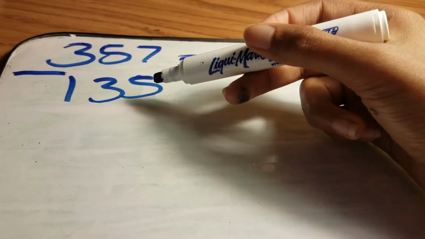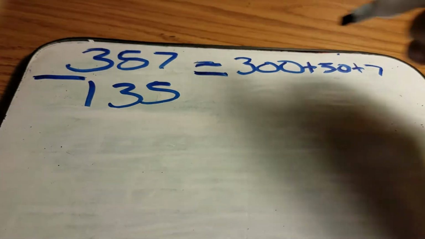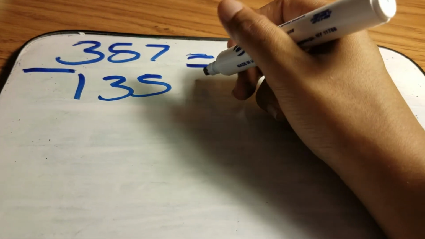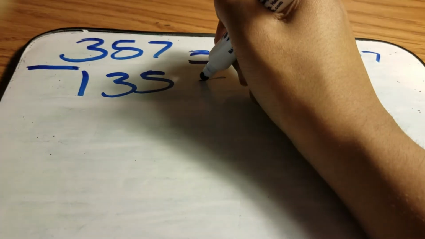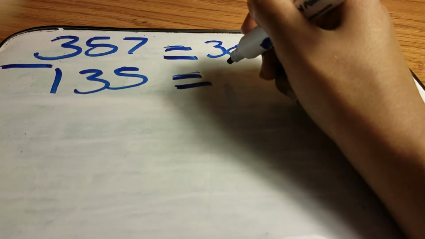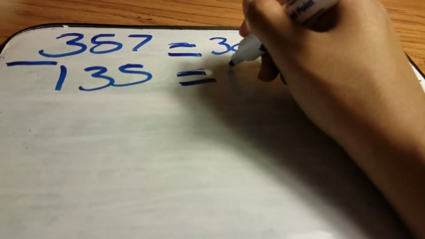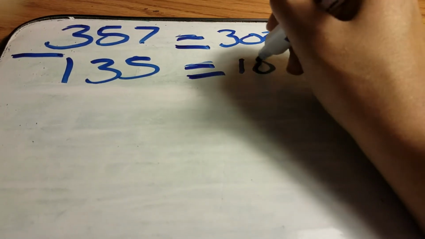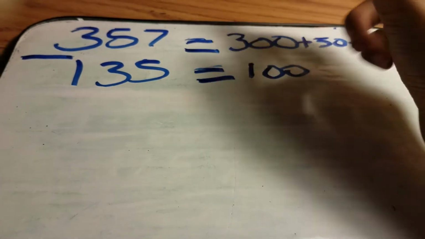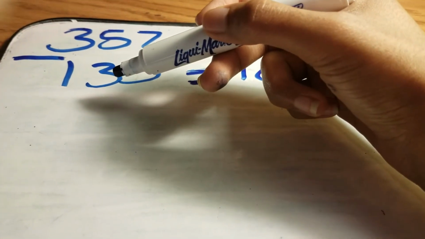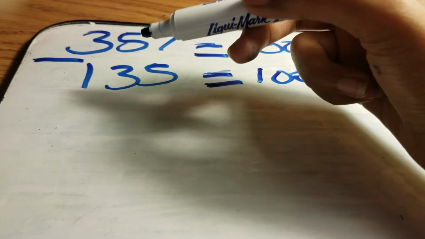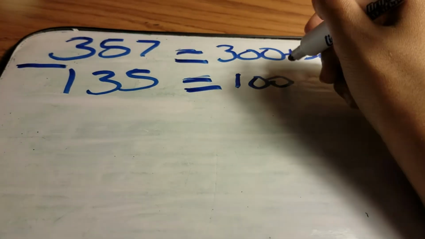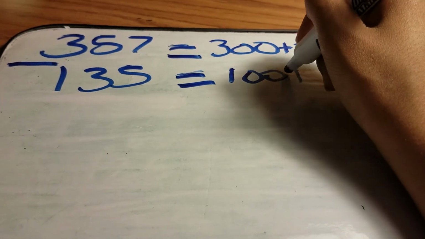Now let's move on to 135 and break that number apart. We have 1 in the hundreds place, so that is going to give us 100. And we have 3 in the tens place, so that is going to be 3 groups of 10, which is 30.